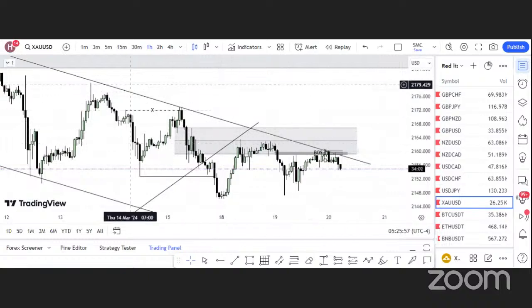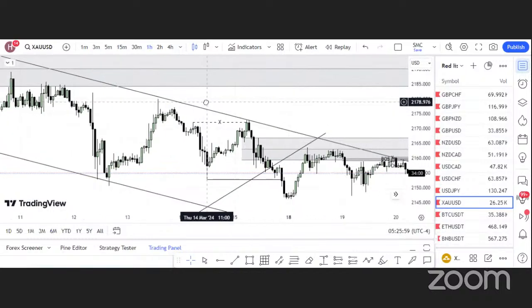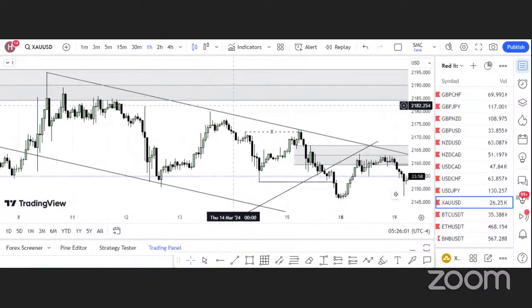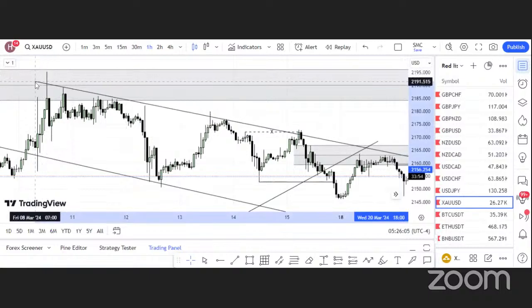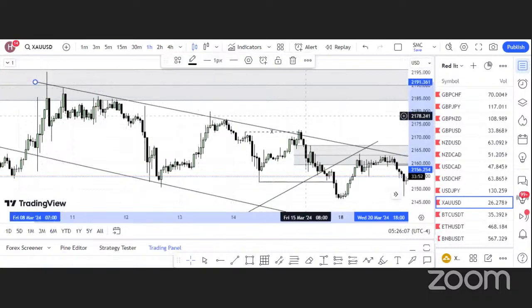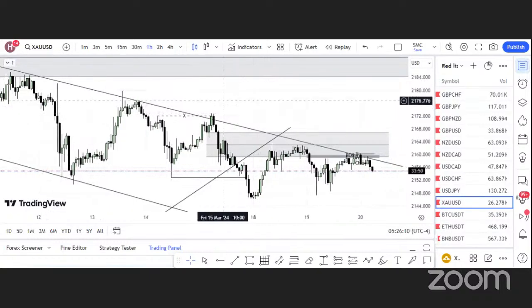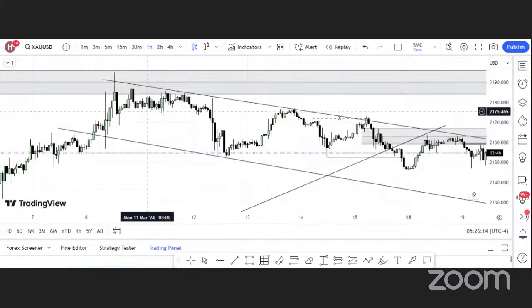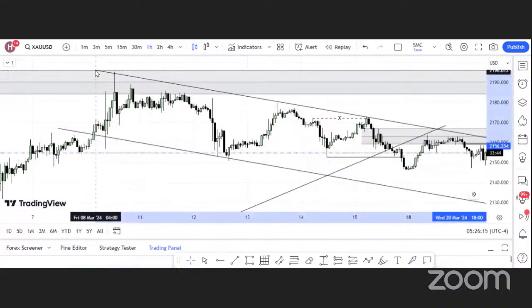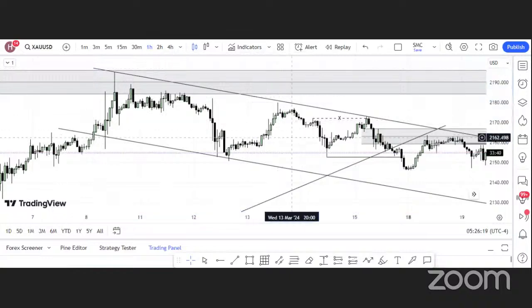You see, all the previous rejected areas align well with our channel, they align well with the upper trend line. So the information here is the market is going to continue to go bearish.